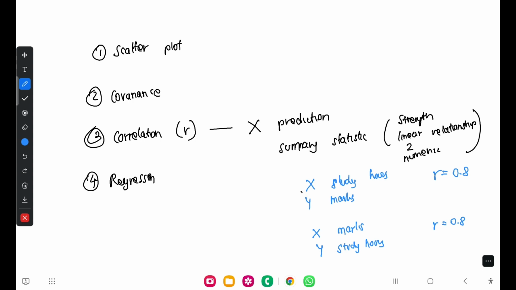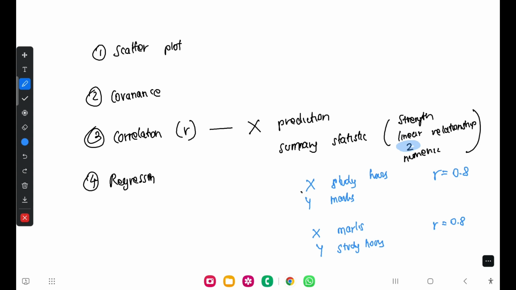Another thing is, here we only deal with two variables. Sorry, here I made a mistake. We never use causation in correlation. We are saying study hours is the only factor which might be affecting marks, but we are not considering the other variables.